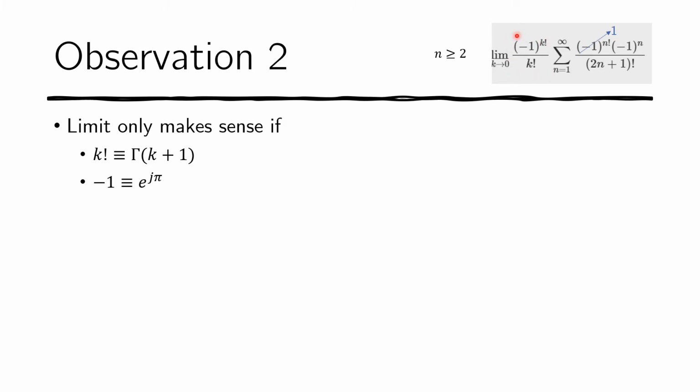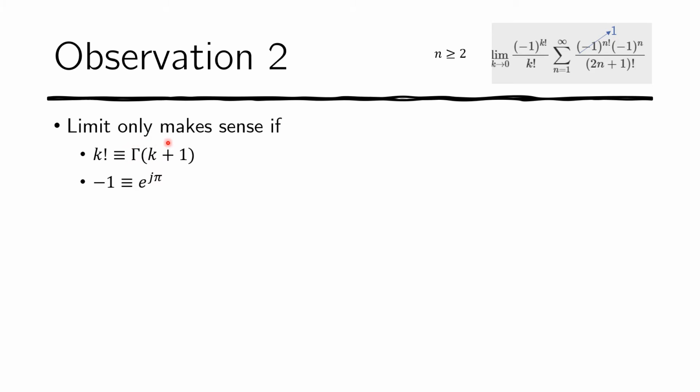The way we impose that those values be available is that we define k factorial, instead of the regular definition where we just take the product of the natural numbers from 1 to k, to be the gamma function.